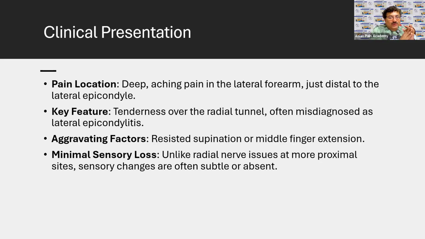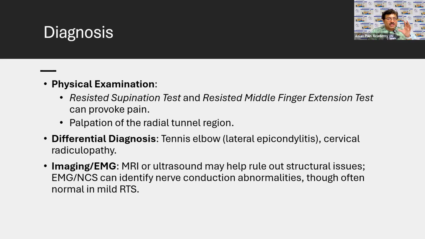Usually, compression on the posterior interosseous nerve mainly causes motor symptoms, and when it is compressed on the proximal side, it mainly causes sensory symptoms. Diagnosis is based on physical examination like the resisted supination test or resisted middle finger extension test, and palpation of the radial tunnel region.